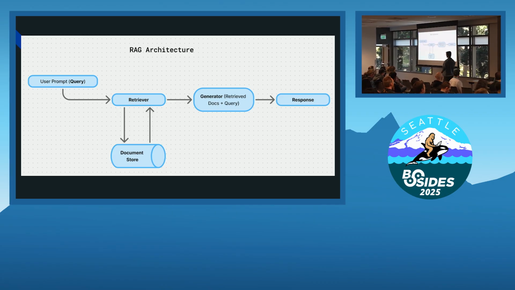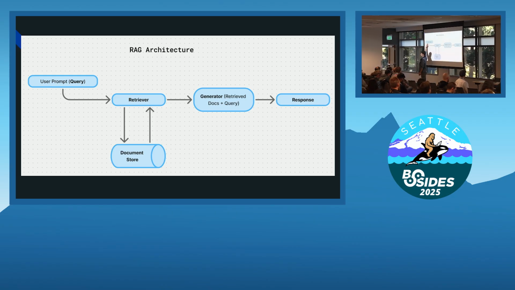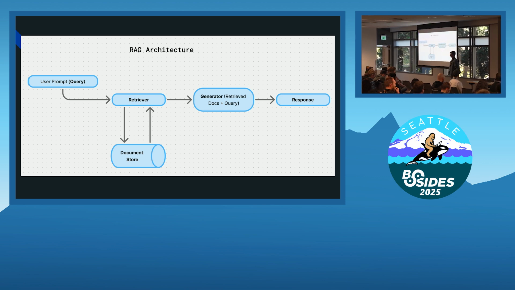So the primary attack vectors are the prompt itself, because prompt injection is a very common vulnerability. The prompt or the query, the document store, the retriever logic, and the generator logic. And if the generator gives the output, we don't know whether it's hallucinated or reliable or not, right?